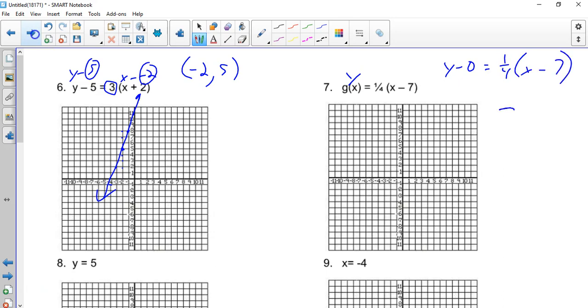So that's the point 7, 0 with a slope of 1/4. 1/4 means up 1, right 4. 1, 2, 3, 4. Or, so I'm going to go off the page, down 1, left 4. 1, 2, 3, 4. Down 1, 1, 2, 3, 4.